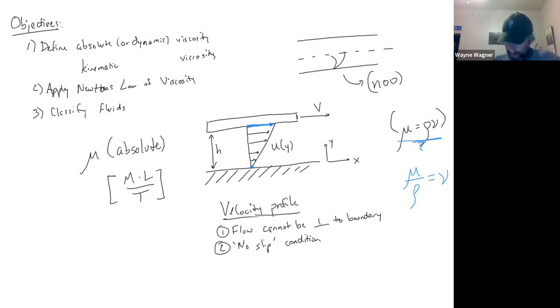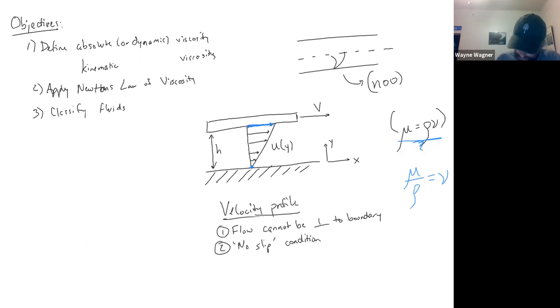Okay, so from that, what we're going to get is Newton's law of viscosity, which maybe we'll put right here. And it looks like this. Newton's law of viscosity is that the shear stress equals mu, in this case, du dy.